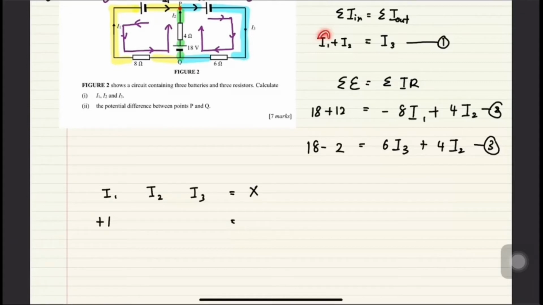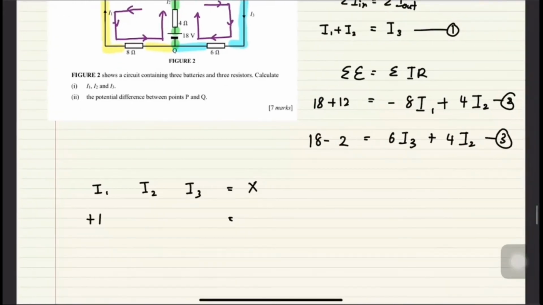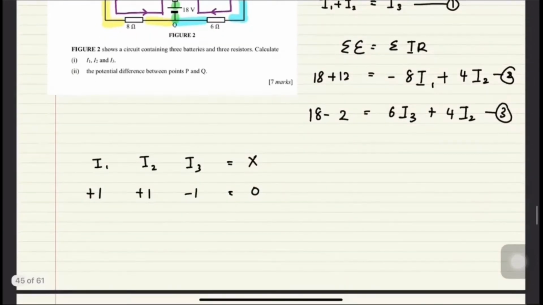I2 tu positif juga. So kalau kamu tak nampak, kamu kena rearrange, kamu bawa ke kiri. Semua I ni kamu letak belah kiri, dan semua pemalas kamu letak belah kanan. Same goes with this one. So I2 is positive as well. Okay, I3 you have to bring to the left, so that one becomes negative. Dia tak ada constant, so dia jadi 0.